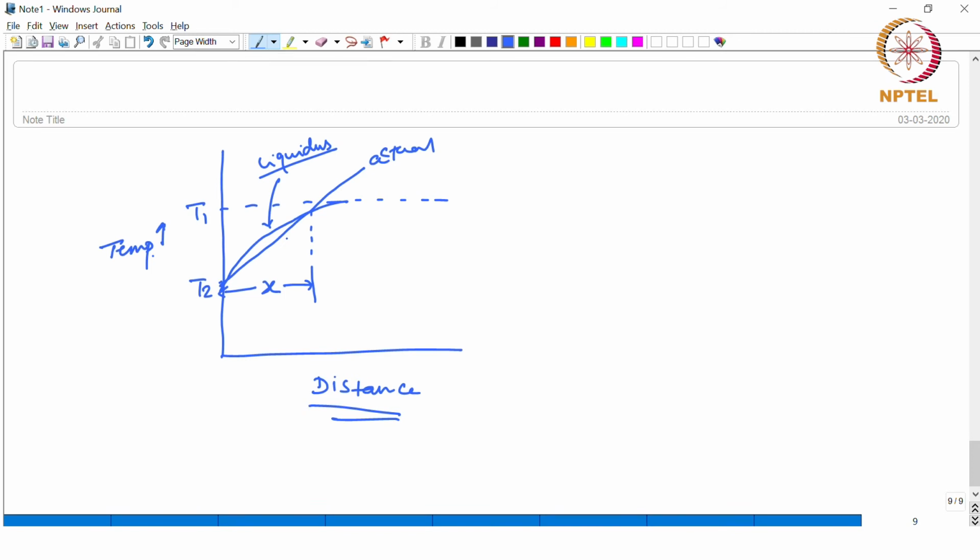So, what it means is that if any protrusion forms in the interface, it will always be at a temperature lower than the liquidus, and as a result it will feel stable. It will not melt back again into the liquid, because as you can see from here the temperature is below the liquidus temperature, where the solid is supposed to be stable.